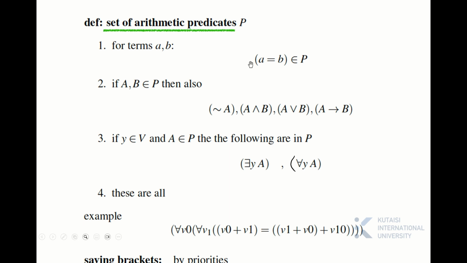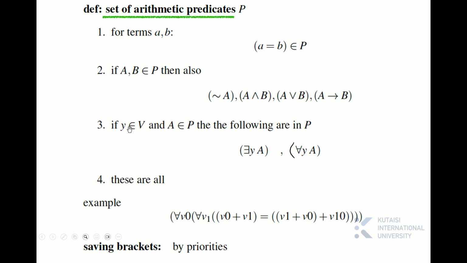Very importantly, if Y is a variable and A is a predicate, the following are predicates: there exists Y such that A, and for any Y, A. So if you have the predicate V10 plus 1 equals V11, then for any V10, V10 plus 1 equals V11 is a predicate.